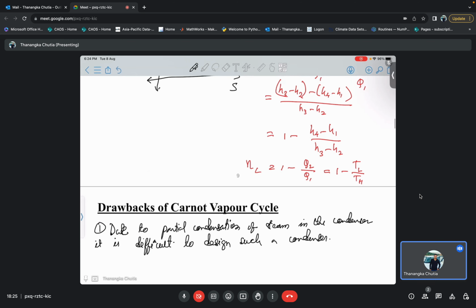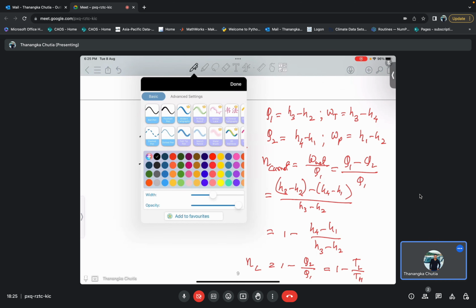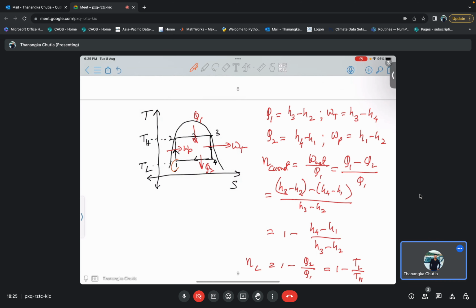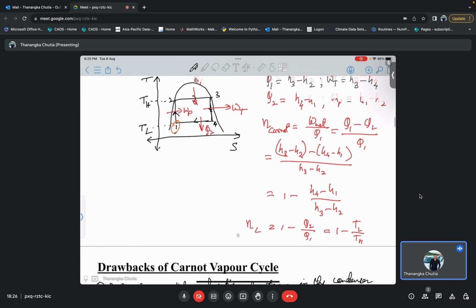You can see here at the exit point, that is point number 1, this point is in between the saturated liquid, and this is basically a mixture of both liquid and vapor. Now when should we stop? How can you tell the condenser to stop whenever it reaches this particular quality of steam? So this is very difficult to design. This is one drawback of the Carnot vapor cycle.